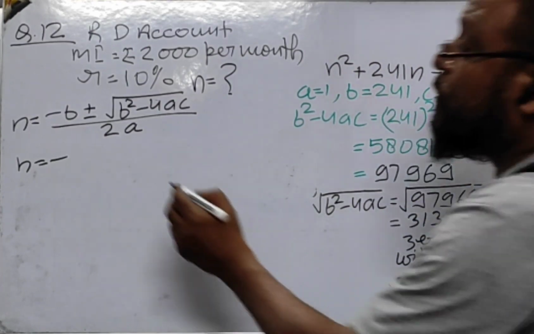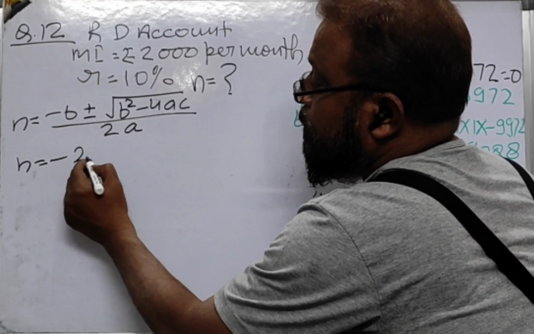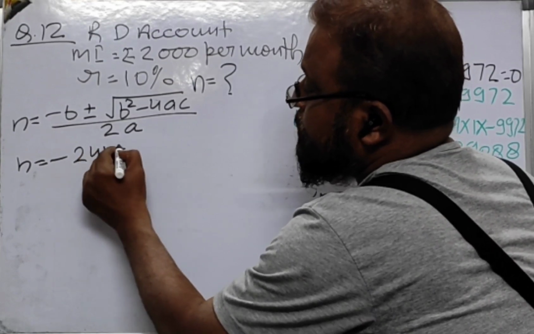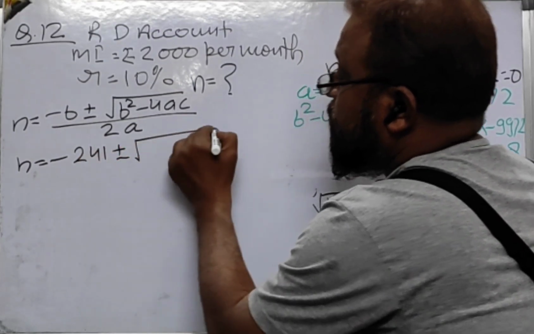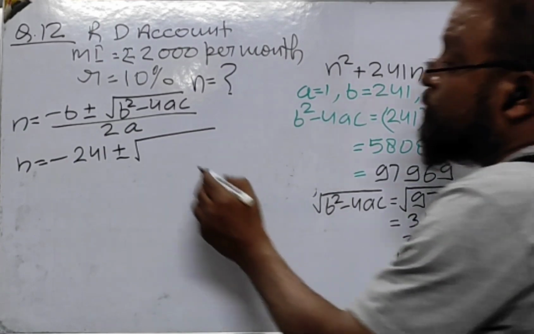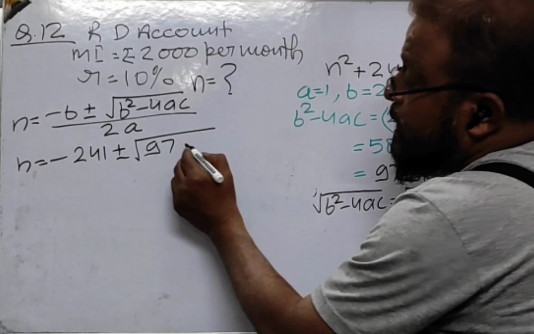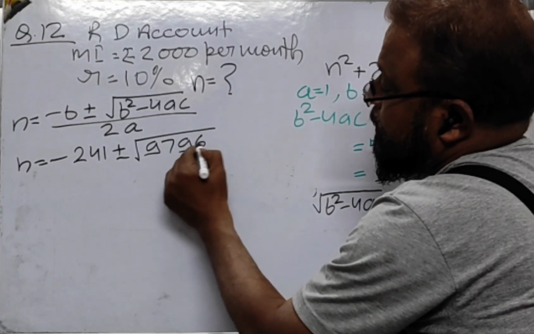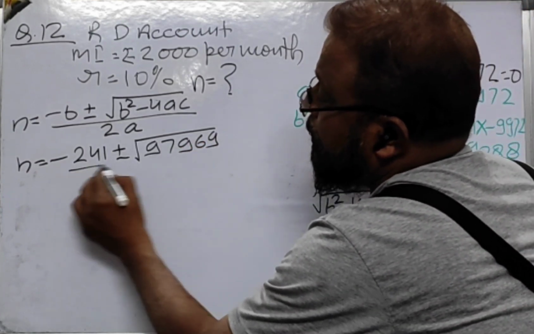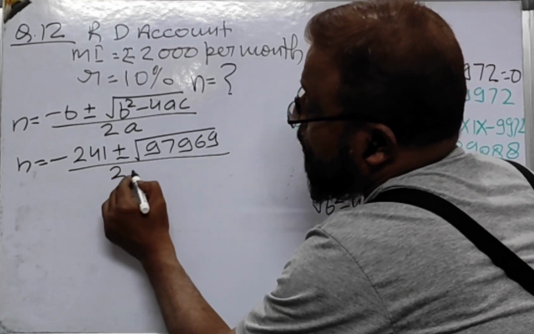That is 241. 241 plus minus square root 97,969 upon 2 into 1.